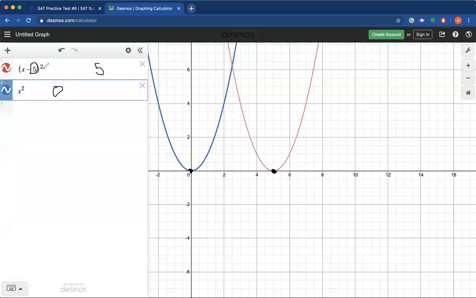If we want to get, let's say, 1, then in order to get 1 over here, x has to be 1. In order to get 1 over here, x has to be 6, right? And that's going to be these two points.